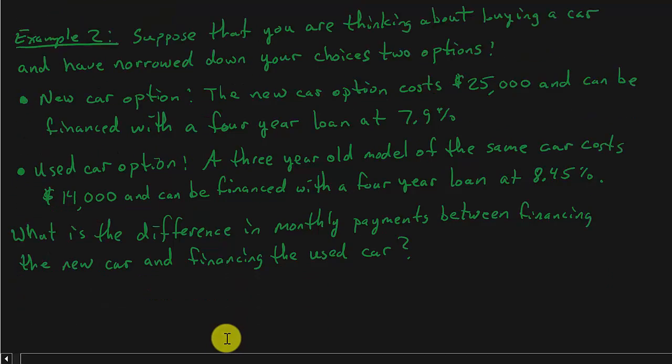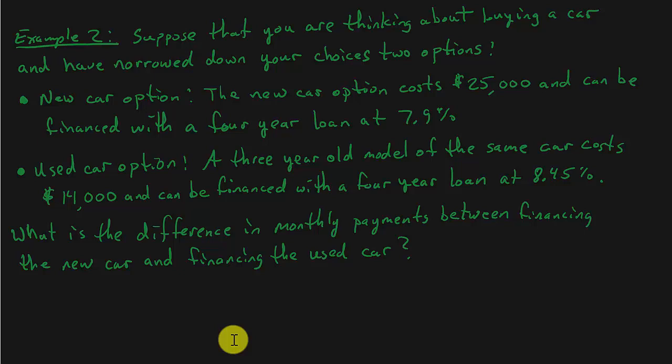All right, so let's look at this problem. It says, suppose that you are thinking about buying a car and have narrowed down your choices to two options. The new car option costs $25,000 and can be financed with a 4-year loan at 7.9%. And you have a used car option.